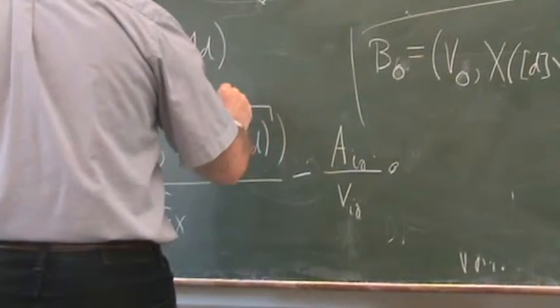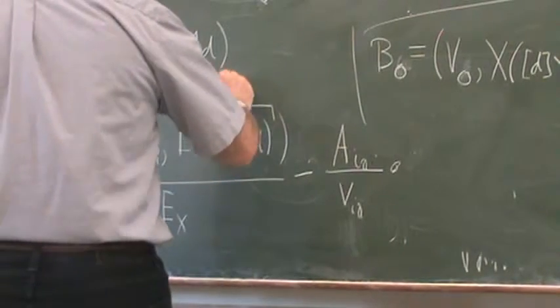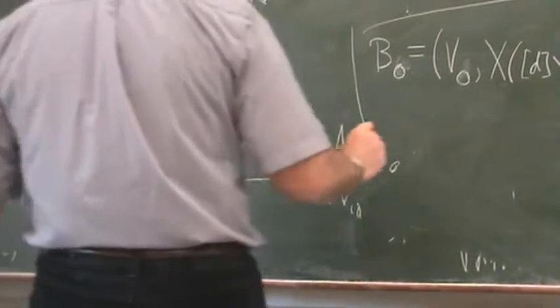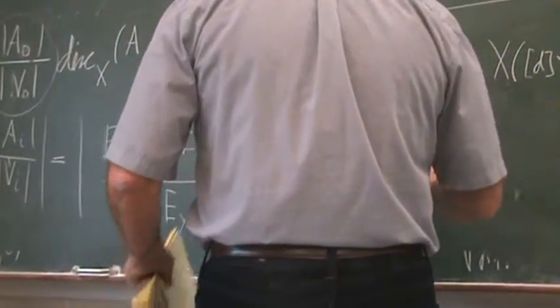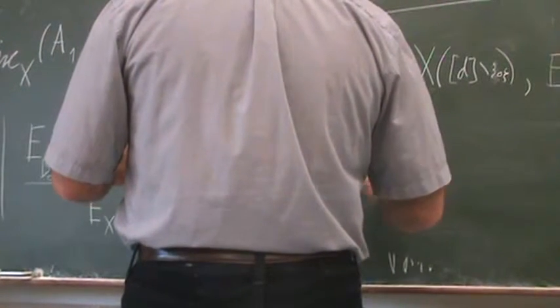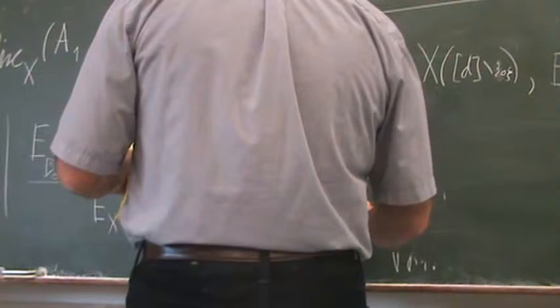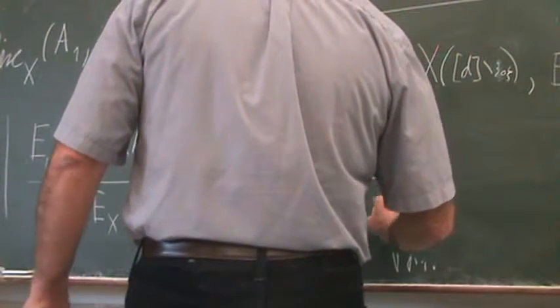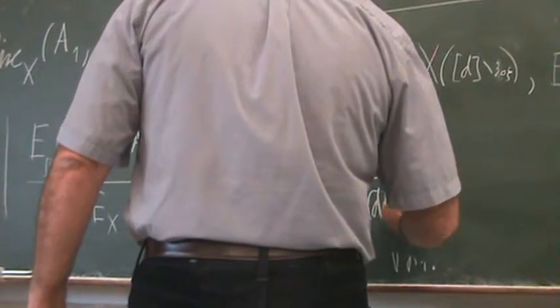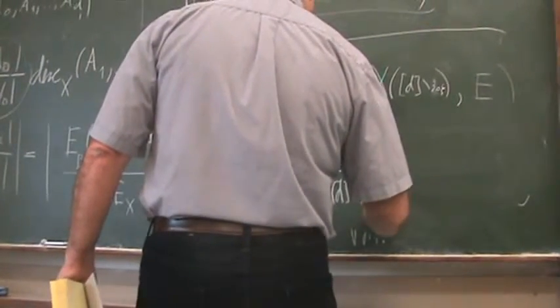I will call this E prime minus E prime divided by E of D minus 0.